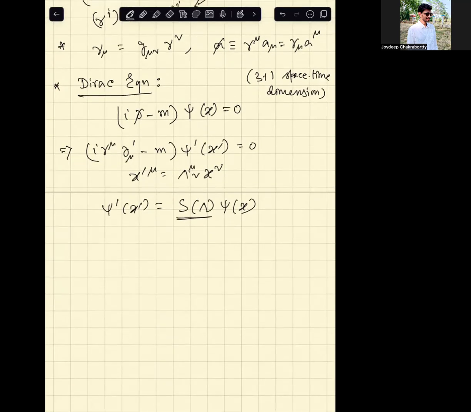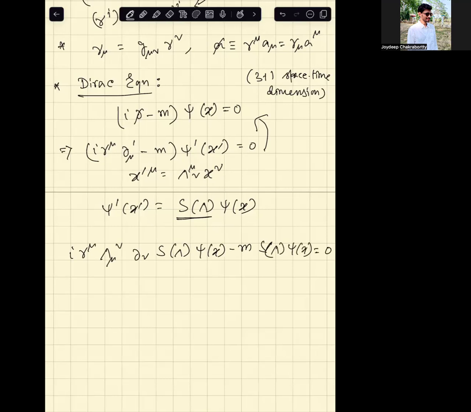Now if we plug it back in this equation and try to write down everything in terms of the unprimed basis, we'll find the following: gamma mu lambda mu nu del_nu S(lambda) psi of x minus m S(lambda) psi of x equal to 0.